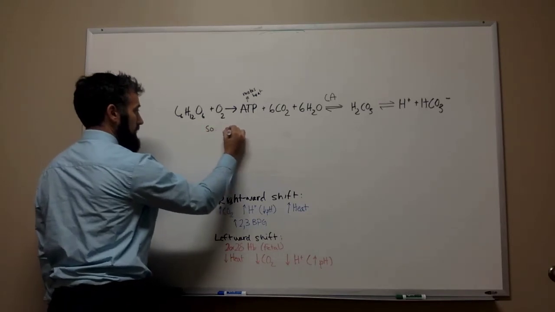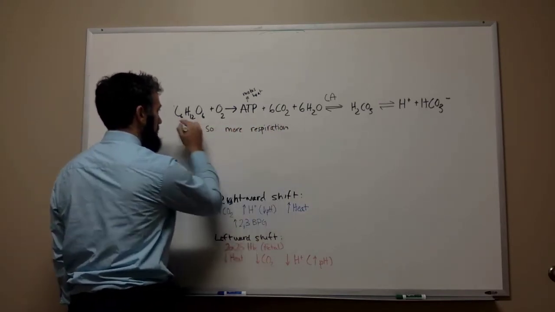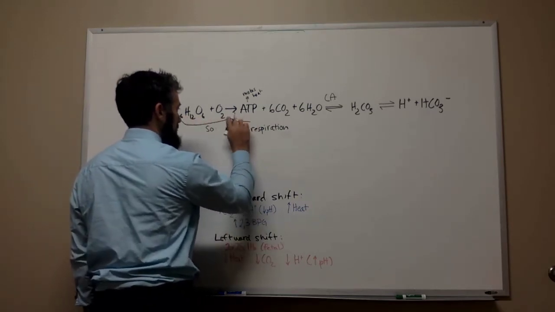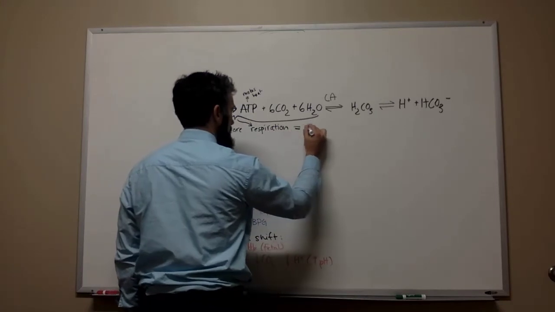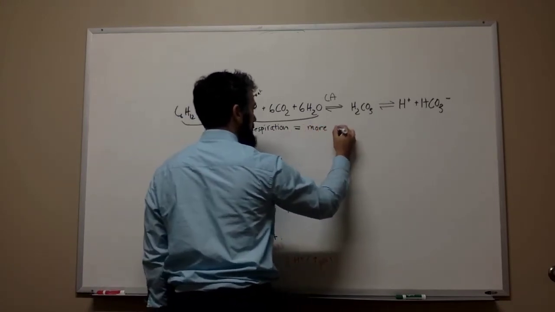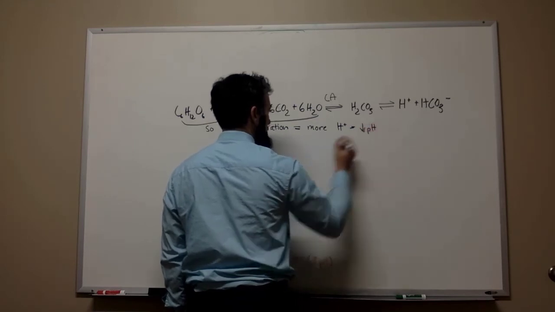The CO2 and H2O will then, in the presence of carbonic anhydrase, be changed into H2CO3 or carbonic acid, or actually that's bicarbonate. That is carbonic acid. I'm sorry.